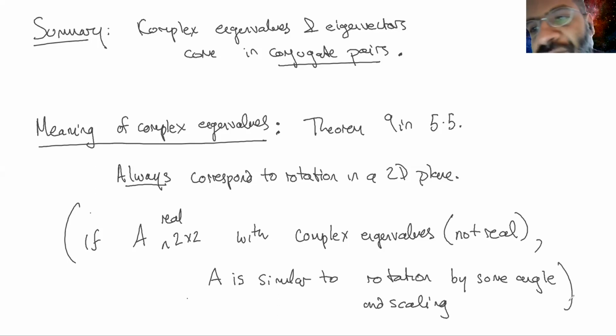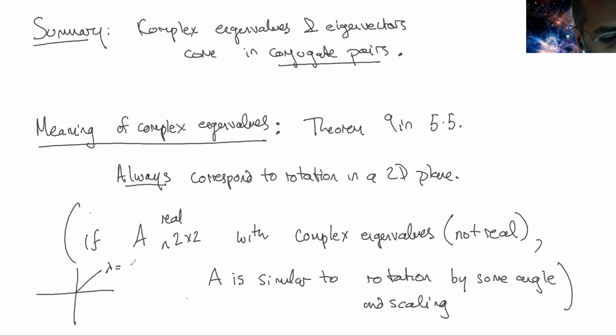So what this is saying is if you have a 2 by 2 matrix with complex eigenvalues, it always corresponds to rotation. So in some sense, the example we looked at is the only example. I'll just draw a picture to tell you what the theorem says. It says that if your eigenvalue lambda is equal to a plus ib, then this makes some angle in the complex plane, right?